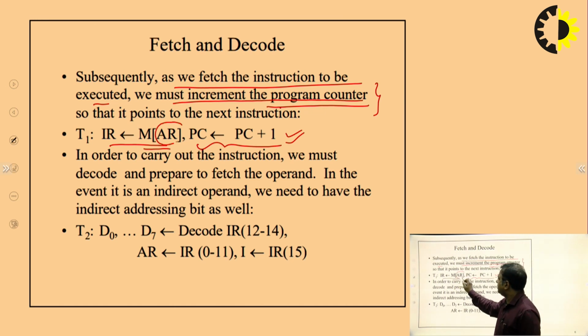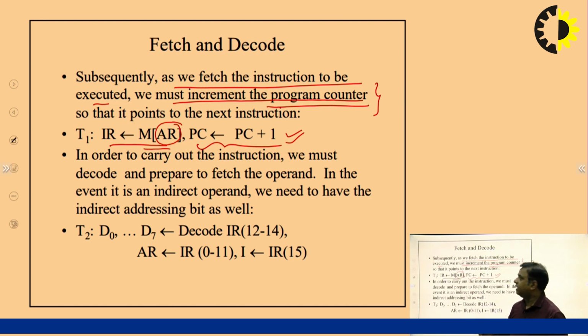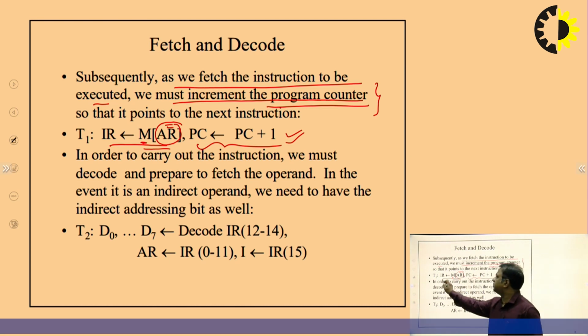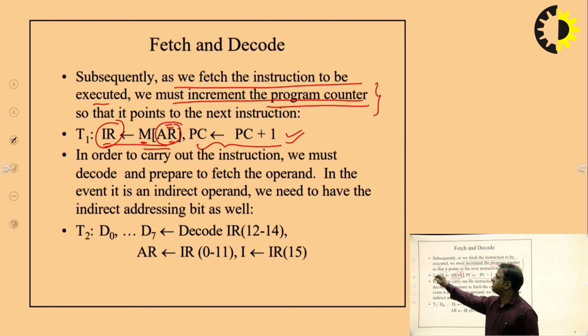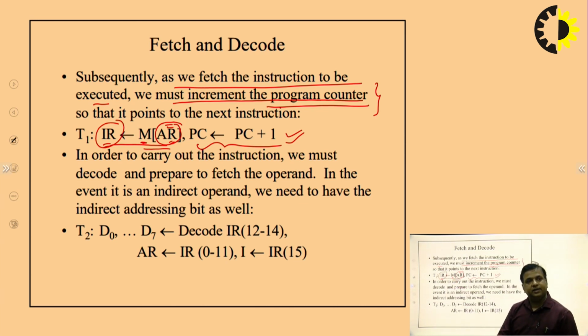The address register has an address, and this M of AR, M bracket AR, is referencing the instruction at the memory location contained in the AR register, which has been transferred to the instruction register. Whatever instruction was at this address in AR, where has it come? In the instruction register. That has been transferred into the instruction register, right?